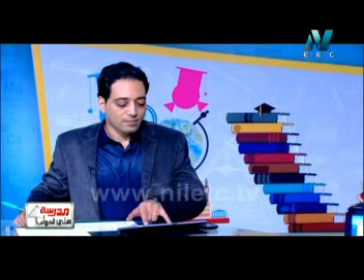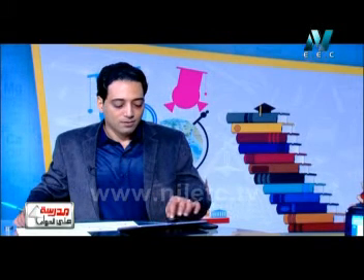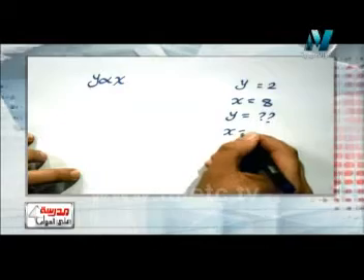Let's return to the example. Here y varies as x and we have another given, which is y equals 2 when x equals 8. Then we want to find the value of y when x equals 12.